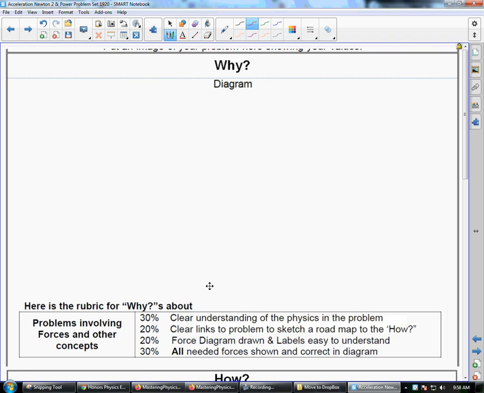So for the diagram, here's the fly. The weight will be down. The force on it from the wall will be up, and the acceleration is 0. I know I'm talking fast because I don't want to run out of time.